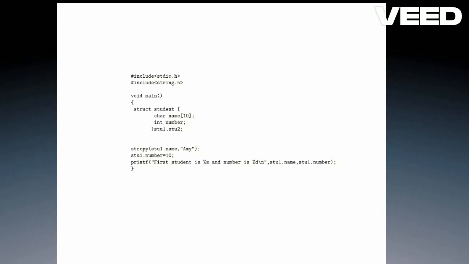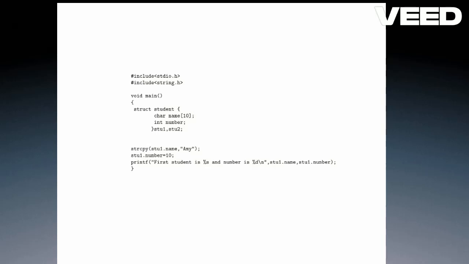So it is declared like this: struct student. I have given the name student, where there are two fields. One is a character array of length 10 to store the name, and another is an integer to store the student number. And now I declare two variables called stu1 and stu2 to create two instances of the structure.